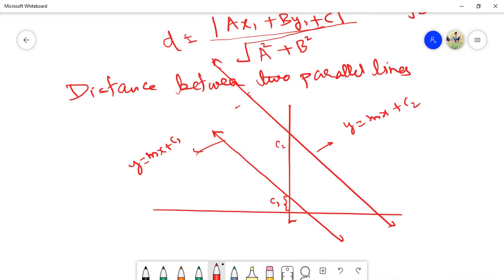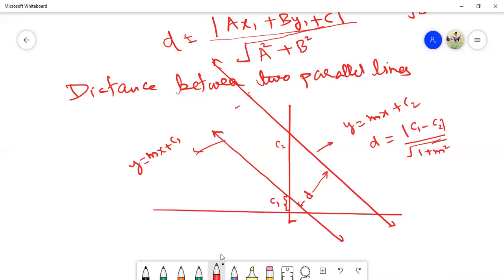If they are given in this form, then the distance between them can be found by using this formula: |c1 - c2| divided by the square root of 1 + m squared.